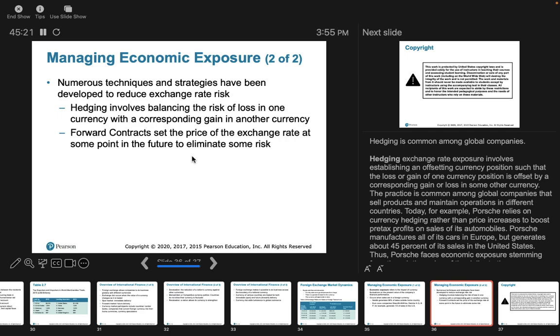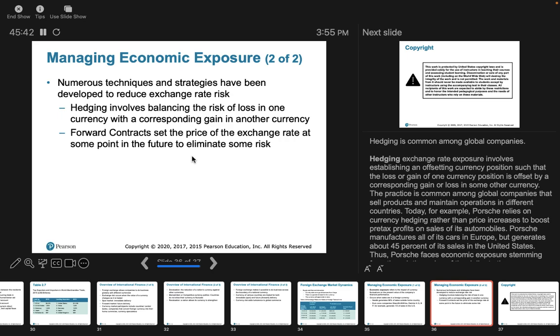This is a very common practice among global companies that sell products and maintain operations in different countries. Like for example, Porsche relies on currency hedging rather than price increase to boost its profits on sales of its automobiles.